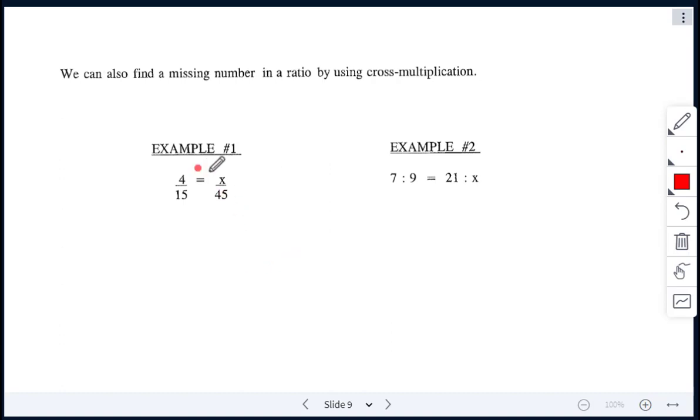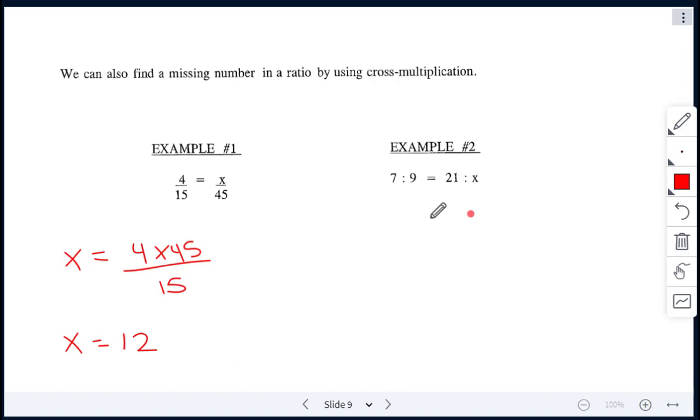With the cross multiplication method, you're going to multiply the two numbers that are diagonal to each other. So we're going to take 4 times 45, and then you're just going to divide by 15. Okay, so that's our cross multiplication method. Multiply the two numbers across or diagonal to each other and divide by the number that's by itself. So 4 times 45 divided by 15, and we get our answer is 12.